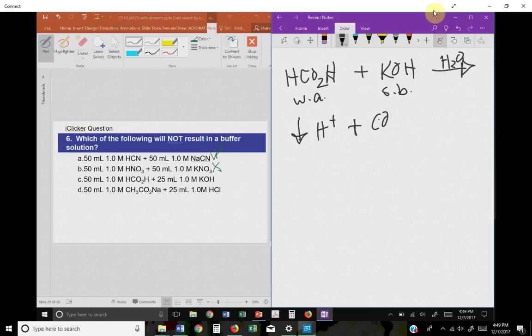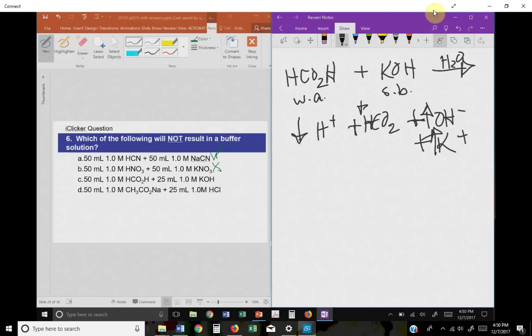I've got to put the H over here, because we lose the hydrogen that's connected to the oxygens. And we end up with hydroxide and potassium. And we end up with a lot of potassium and a lot of hydroxide, and a little bit of our acid.